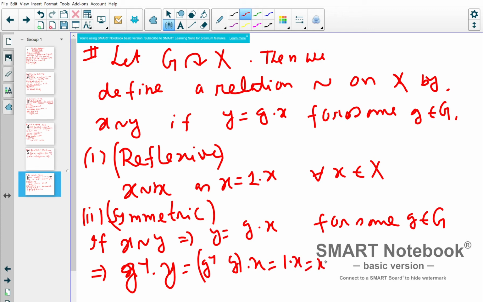So what does that mean? That means x is equal to g inverse of y. That means y is related to x.